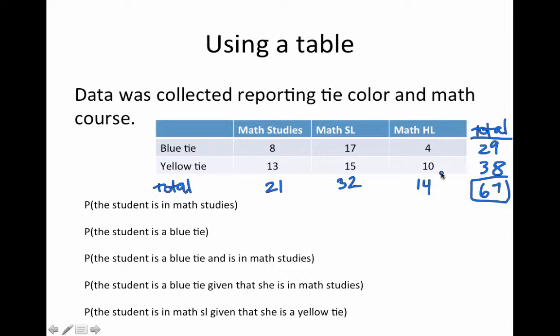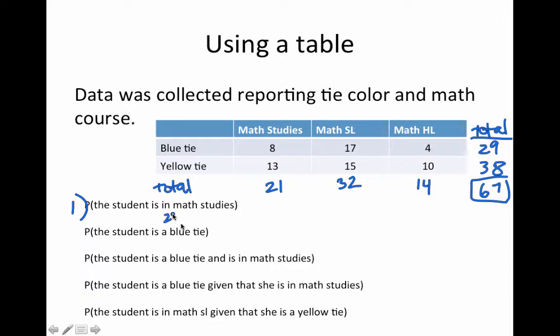Okay, so now that I've totaled all the rows and the columns, and I totaled everything all together, I can find these probabilities. For the first problem, say I want to find the probability that a student is in math studies. Well, I just look at the math studies column, and I look at the total. There's 21 students that are in math studies, and then I divide that by the total number of students.